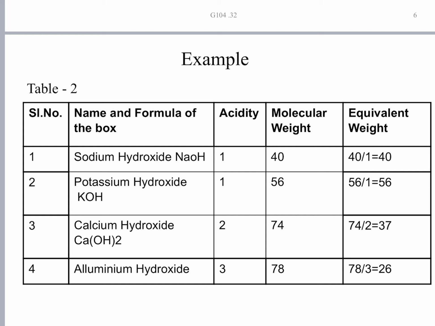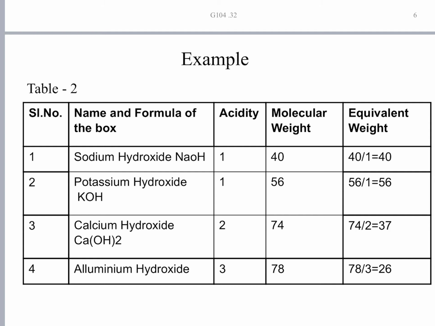The molecular weight of calcium hydroxide is 74, so its equivalent weight is 74 by 2, that is 37 grams. Calcium hydroxide is a diacidic base, so its equivalent weight is half of its molecular weight, that is 37 grams.